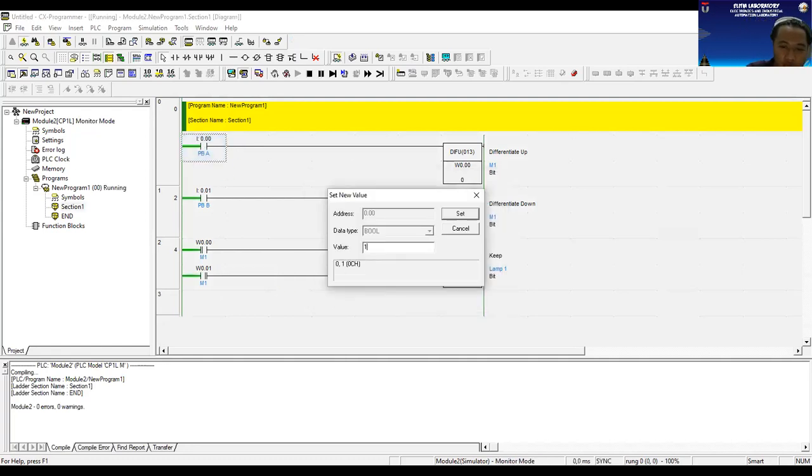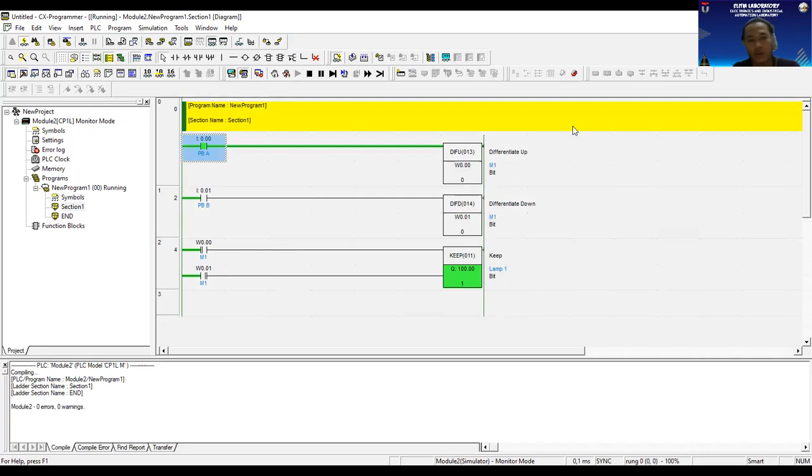You can see button A gives the condition on, which by default moves the condition from 0 to 1 for this address.